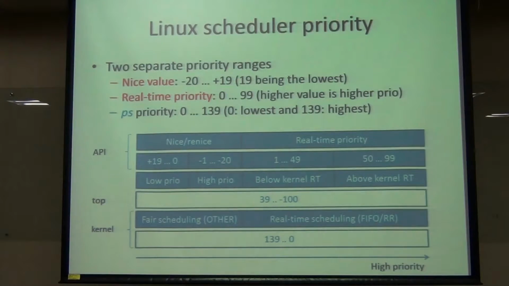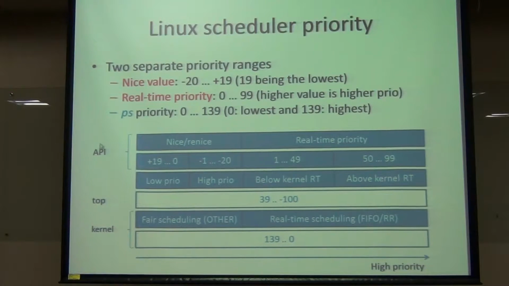All right, so scheduler priority: there are nice values, -20 to +19. The nicest value, 19, being the lowest priority. And then there's a disjoint priority, which is the real-time priority from 0 to 99. A higher value is a higher priority.